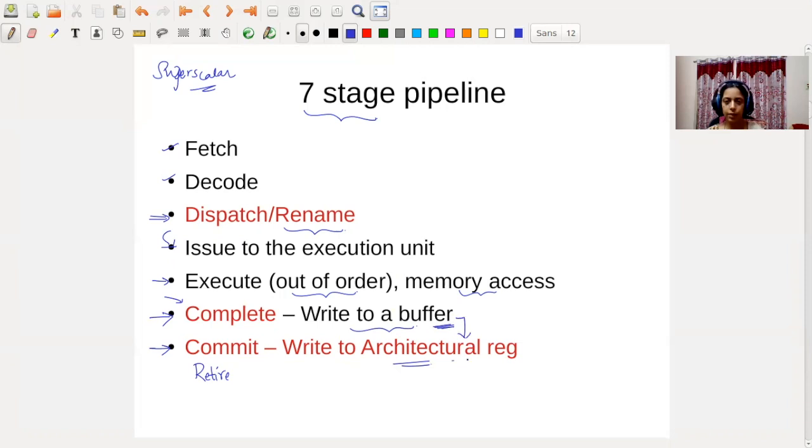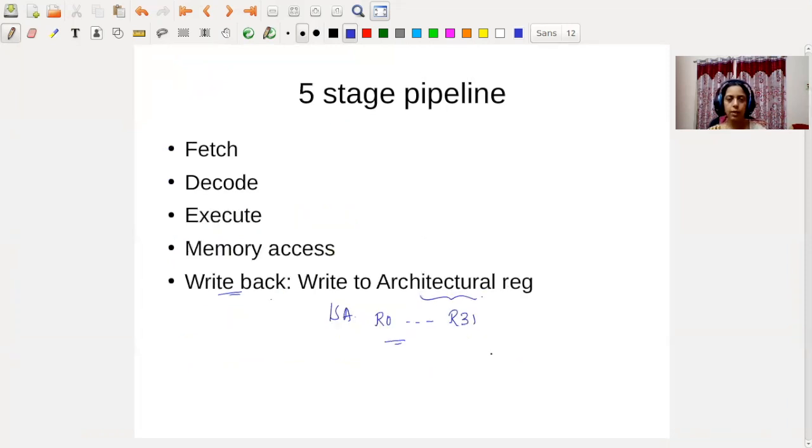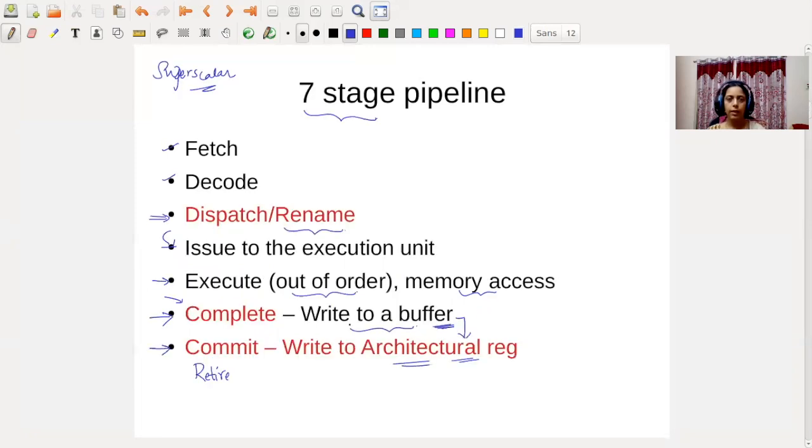This stage is the 5th stage in our previous pipeline, the architectural register write back. Whereas in the 7 stage pipeline, we call that a commit step, where we're going to write the register value back to the architectural register. So let us understand that there are these steps currently so that we can go ahead with the register renaming concept.